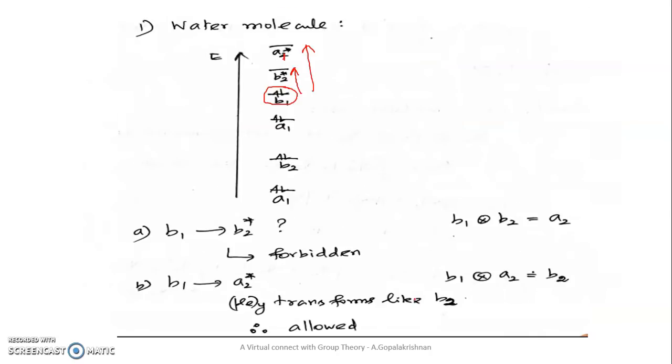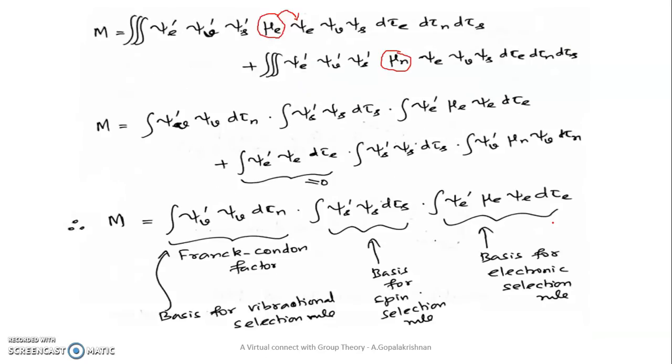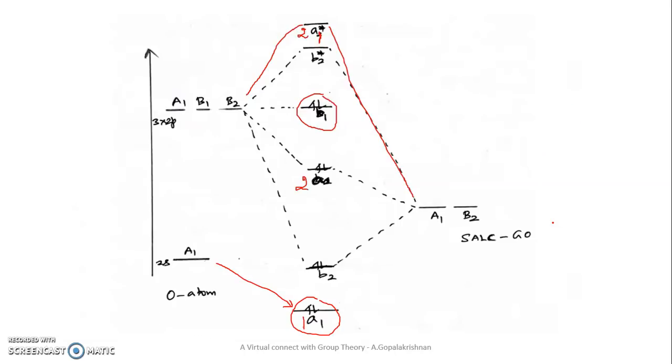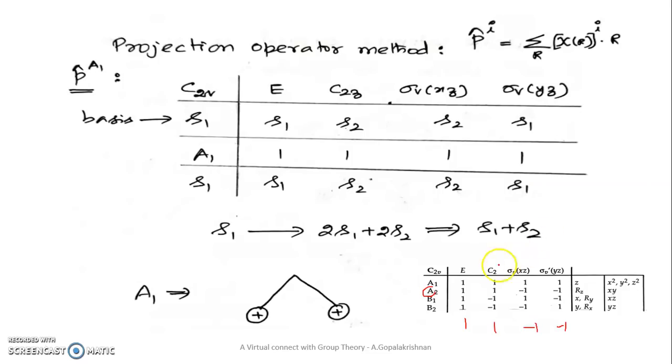So in the water molecule, if you take B1 to B2, listen, the direct product of B1 and B2 will give you A2. Now along A2, see column number 3. Listen, I am giving you the shortcut. In the third column, we don't have X or Y or Z here.